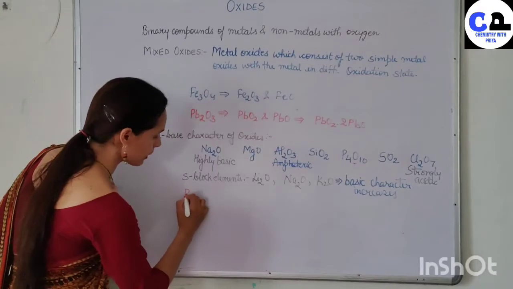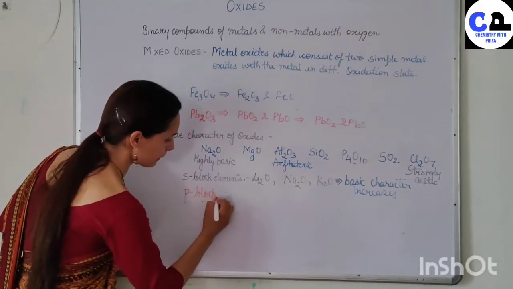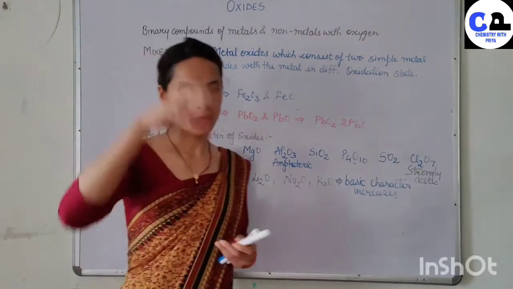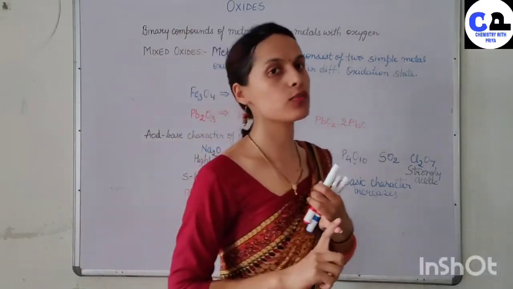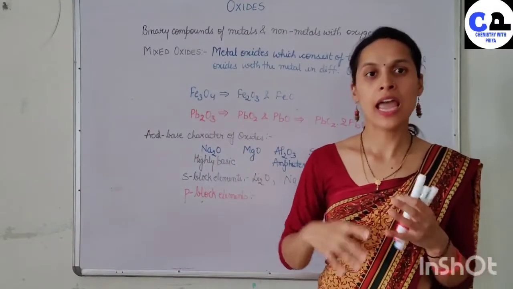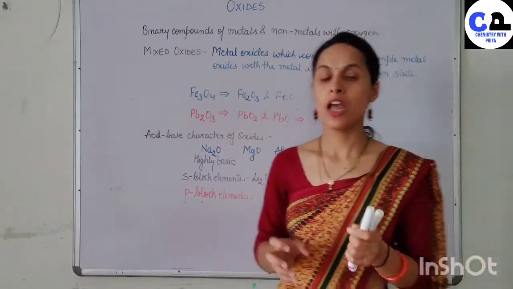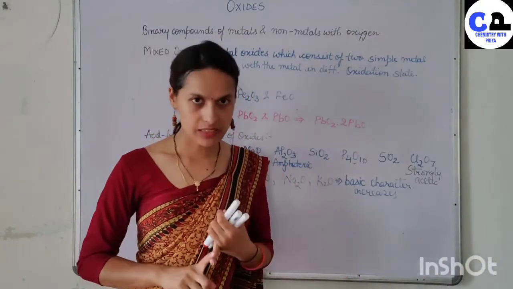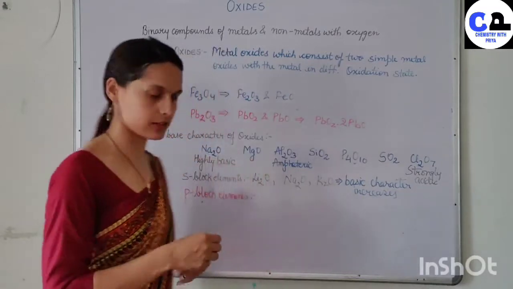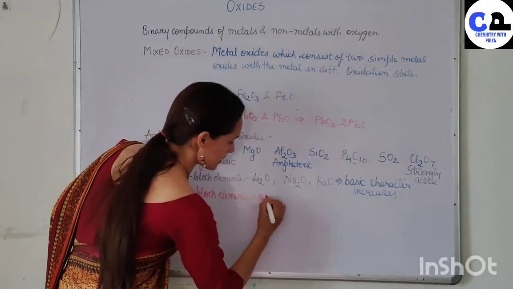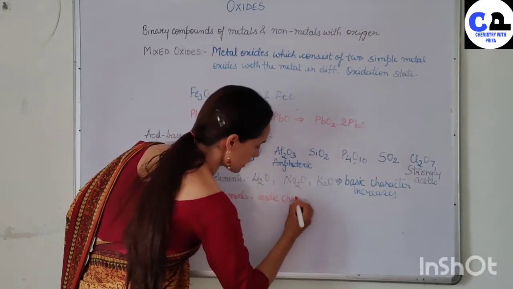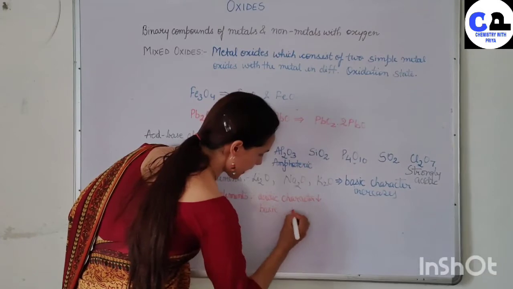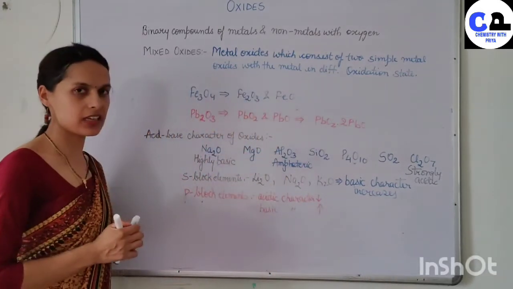Now, if we take P-block elements, then what happened? On moving down the group, because in P block we have majority non-metals, and non-metals form acidic oxides. So in P block, on moving down the group, acidic character decreases and basic character increases.